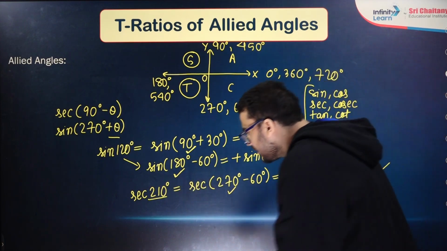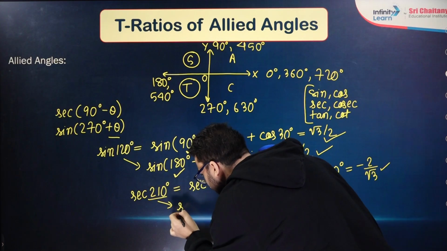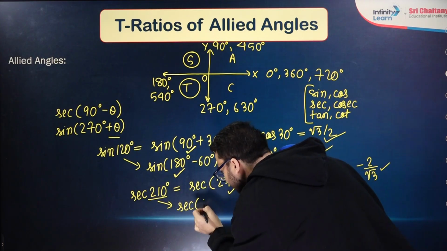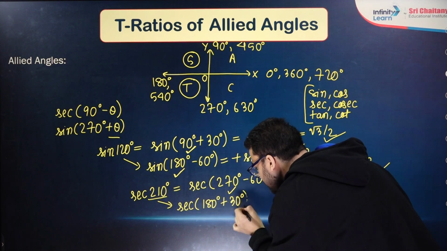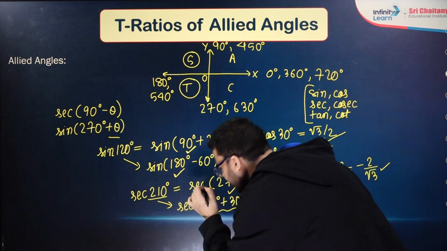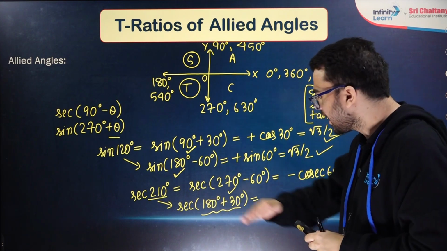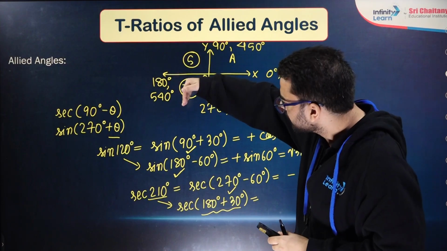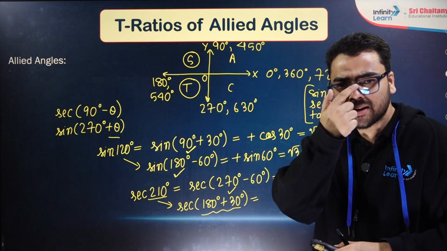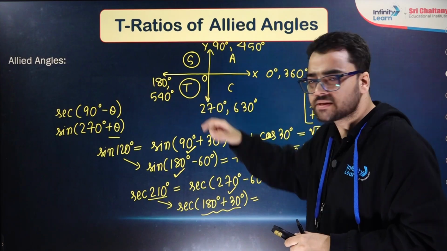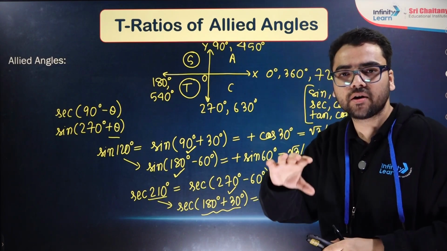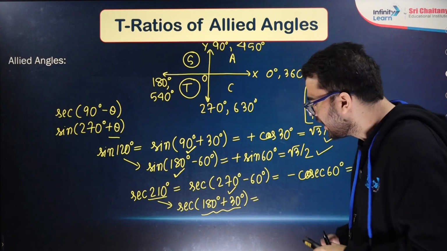Now the same thing can be understood like this as well. You see, this is sec 180 plus 30, also I can write. So the very first thing you have to see is which quadrant this angle is in. So this angle is in the third quadrant, 180 plus 30. So when the angle is in the third quadrant, then using the ASTC rule, T for tan and its reciprocal cot will be positive and all other trigonometric ratios will be negative, right?